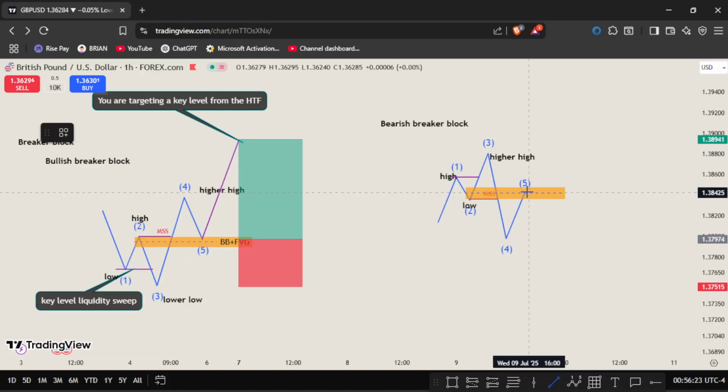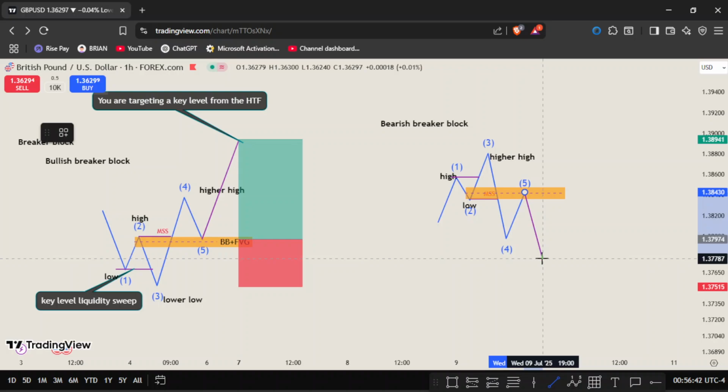But if you are confident enough in your model and you've backtested it many times, you are always aware that price will do the obvious. And if you are aware of the bias, because price must first go together with the bias.